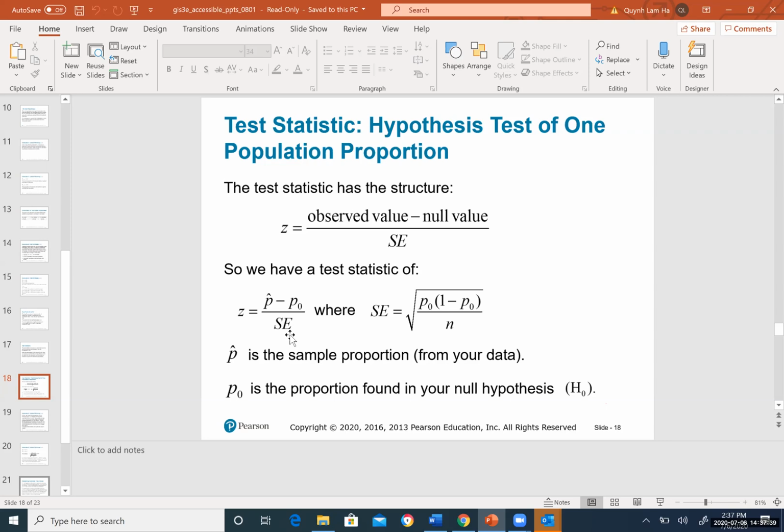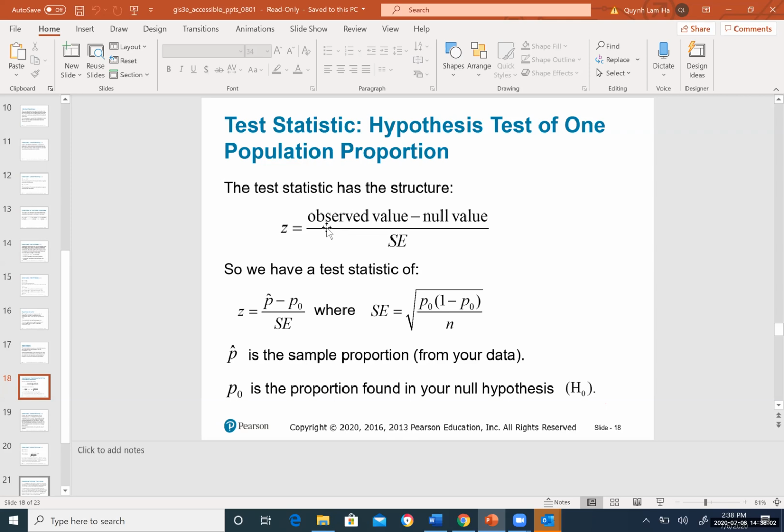Remember that, okay? So depending on whether it is the left or the right tail, you must look at the table that I posted on Canvas, saying Z value or T value. Then you can look there, or you can run it by StatCrunch. If you run it by StatCrunch, it goes out right away.